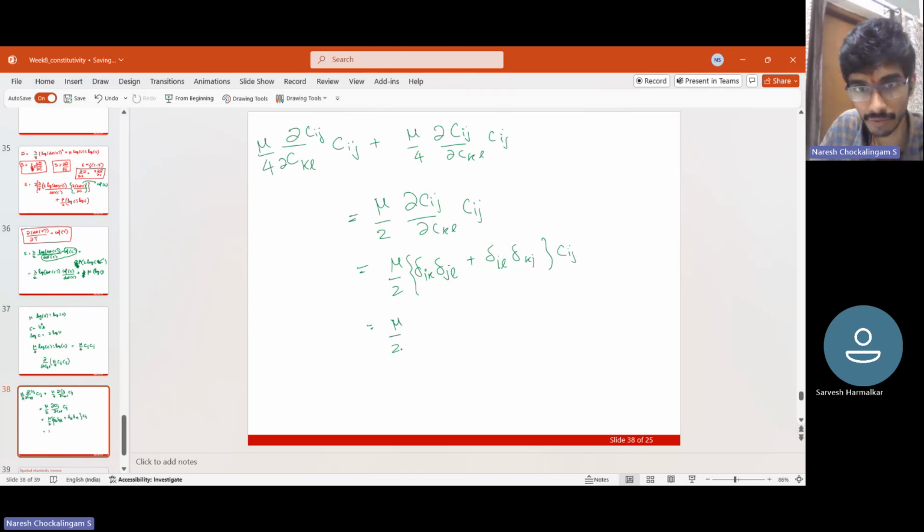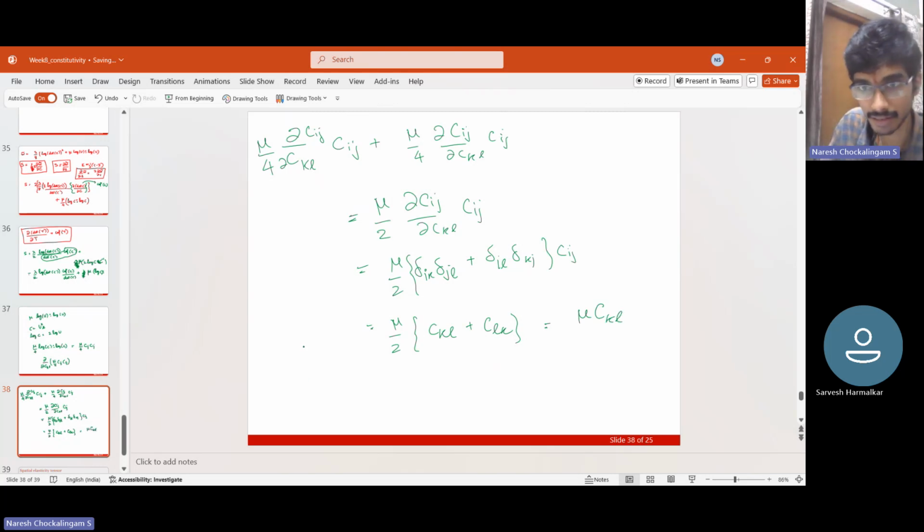So you get a mu by 2. In place of I, put K. So you get a CKL plus CLK. But CKL is equal to CLK since C is a symmetric tensor. So it is basically mu CKL.